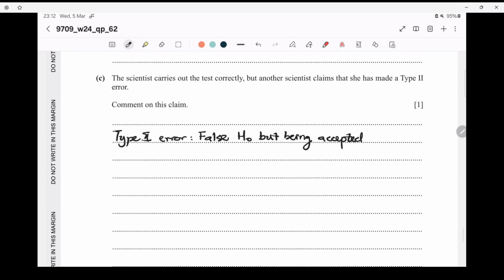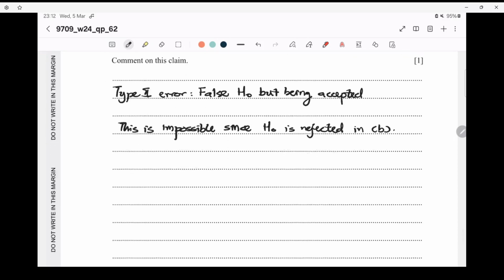But from the test that we did previously, we rejected the null hypothesis. So therefore, this is impossible, since we already rejected the null hypothesis. That will be your answer for part C.